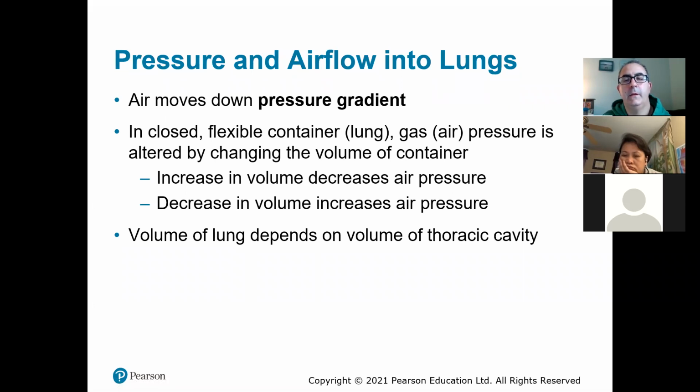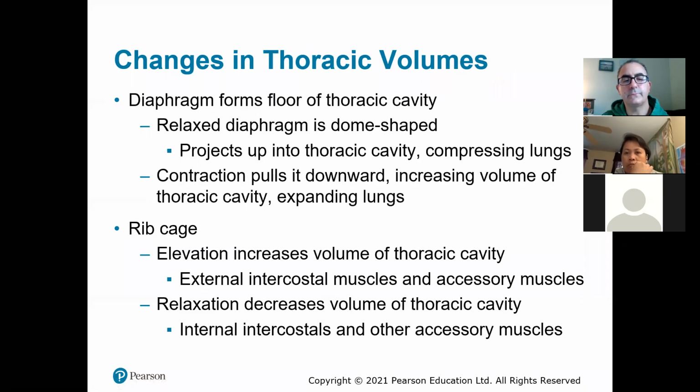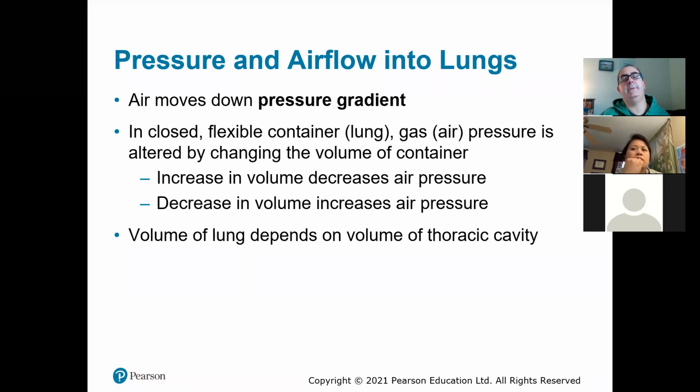So as far as getting air into our lungs, all of this happens because air moves down a pressure gradient. What that means is that air wants to go from where it's high pressure to where it's lower pressure. Right? It's moving down the gradient. So here's what happens. When you inhale, at the bottom of your lungs, you have your diaphragm.